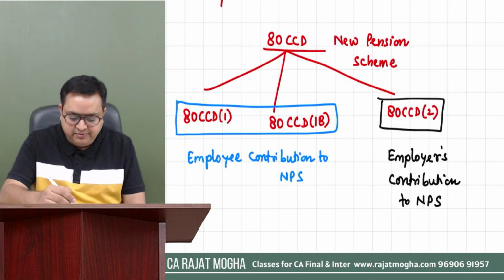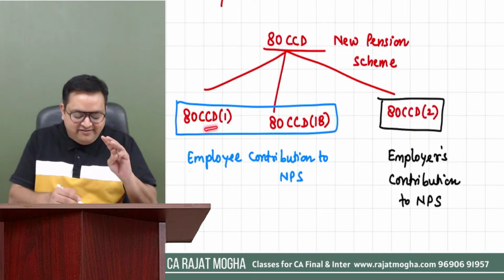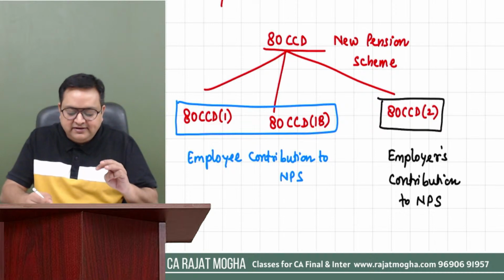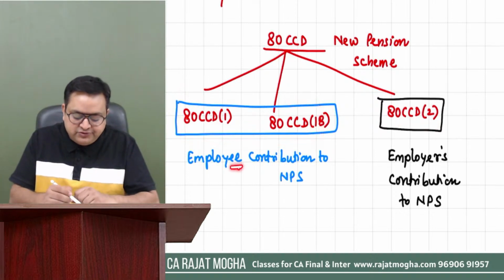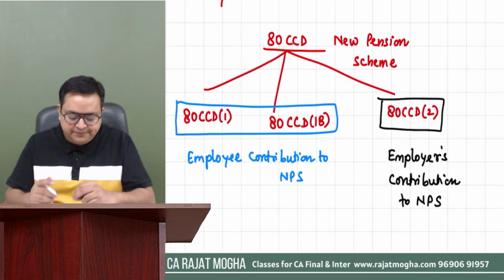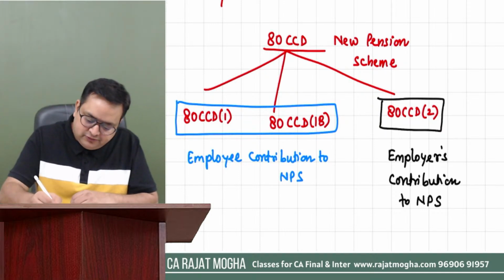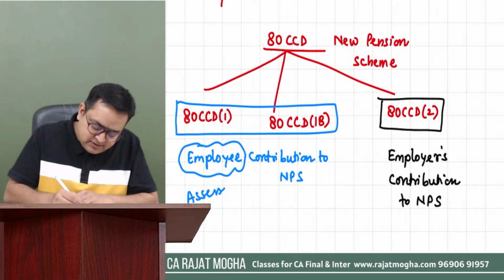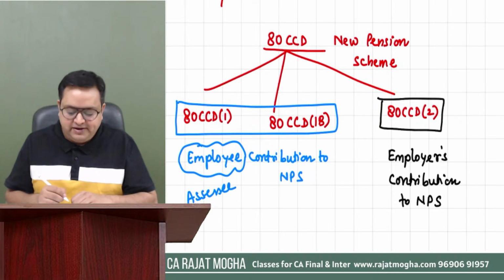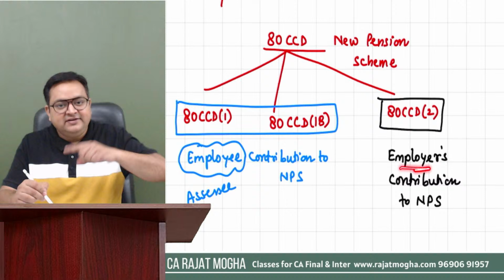Got it? I'm again repeating. 80CCD has three parts: CCD1, 1B, and CCD2. These two are related to employee contribution, or I can use another word instead of employee, assessee contribution. Assessee is contributing, right? Here, 80CCD2 is the assessee's employer.